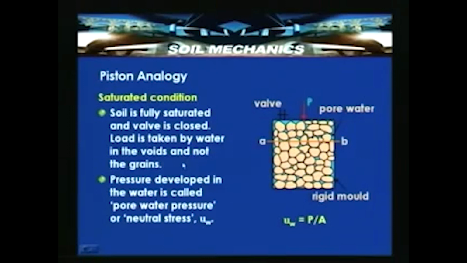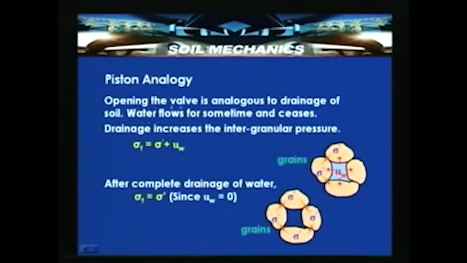Opening the valve is analogous to the drainage of the soil. Water flows for some time and ceases, and the drainage increases the intergranular forces. Previously, the water between the soil mass deprived the grains of grain to grain contacts, so there was no chance for the grains to come in contact and mobilize the stresses.